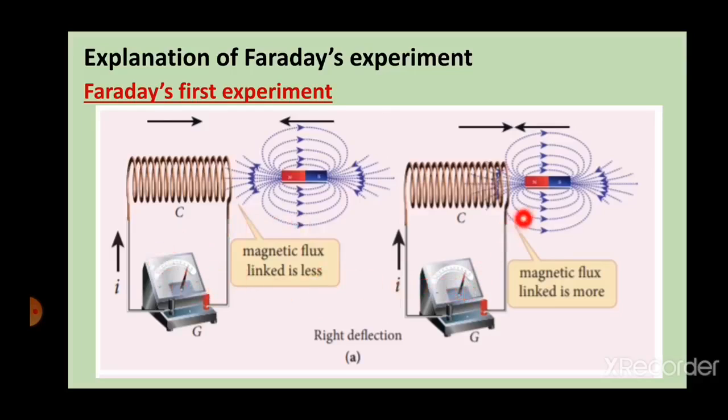So when I move the magnet toward the coil, that is the circuit, the galvanometer deflects in one direction. This is a right side deflection in the galvanometer. So students, there is a current flowing in the circuit. This is the induced current.